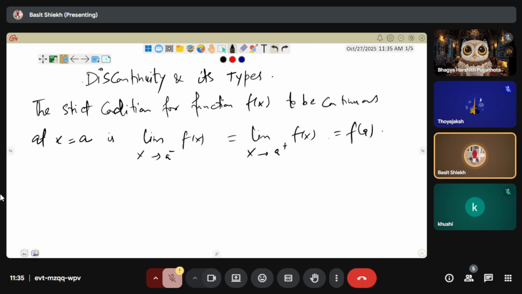We know this is the strict condition for function f of x to be continuous at x equal to a. Left hand limit equals right hand limit equals value of function.